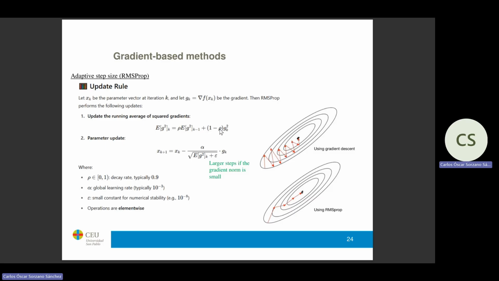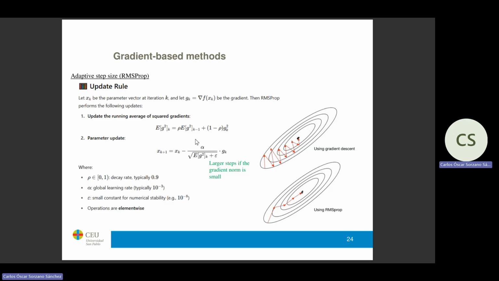So you will update your gradient norm: you compute the gradient norm, multiply by 0.1, and this is 0 the first time, and then this is your expected norm of the gradient. And you expect it to be relatively small because it is only 0.1 times the true norm. And then you will make a larger step. Somehow this is more represented here. Okay, so the first step is larger.